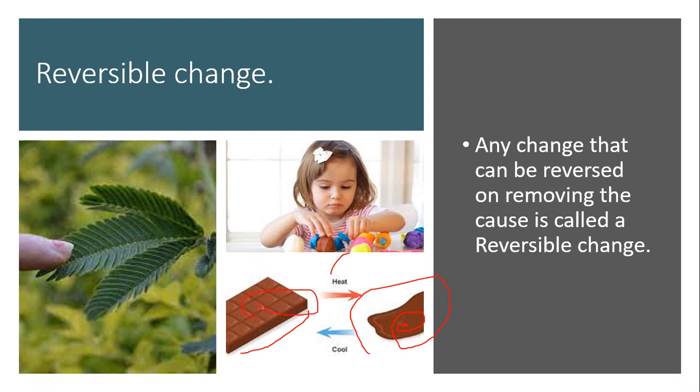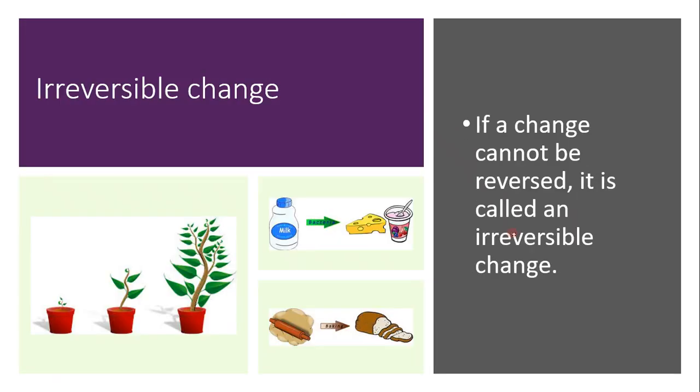It gets back into a chocolate. It's called reversible change. If you touch the leaf of the touch-me-not plant, it responds to stimuli and closes like this. And after some time, it opens like this, right? That's called reversible change.